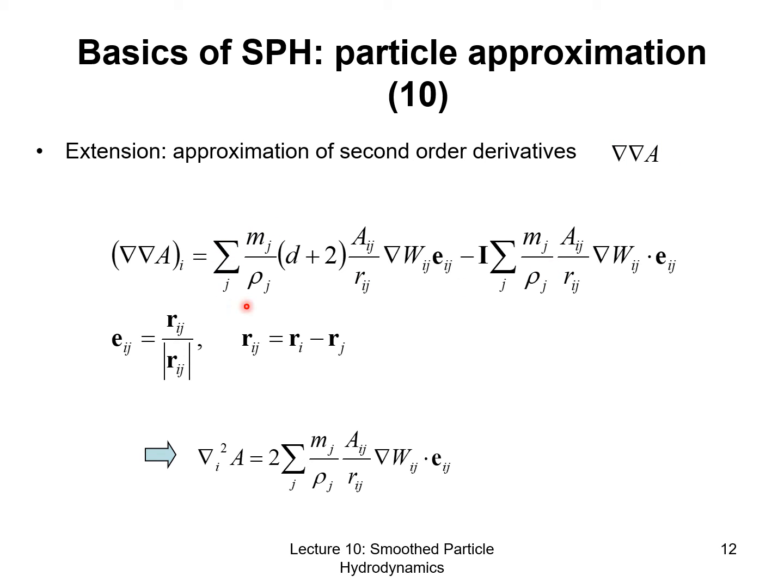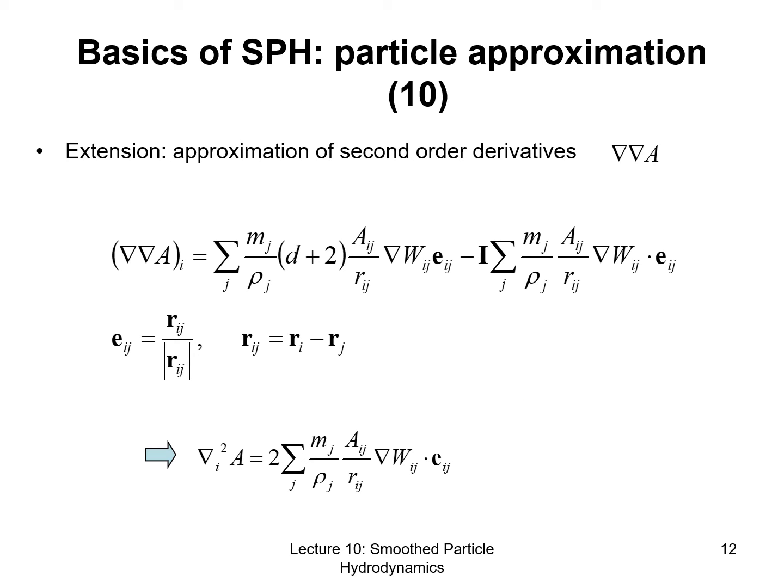We don't show how we derive this, but we can also use SPH to approximate this tensor by this form, where d is the dimension and e_ij is the unit vector between two particles.